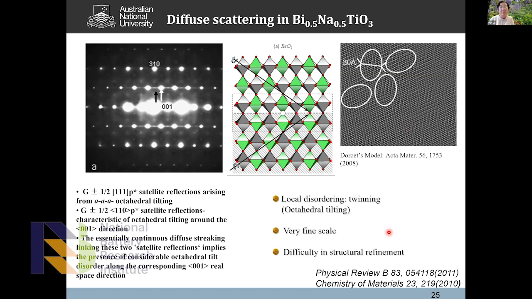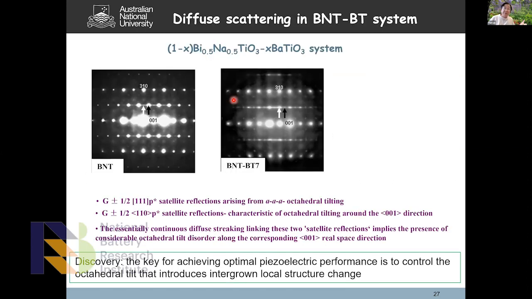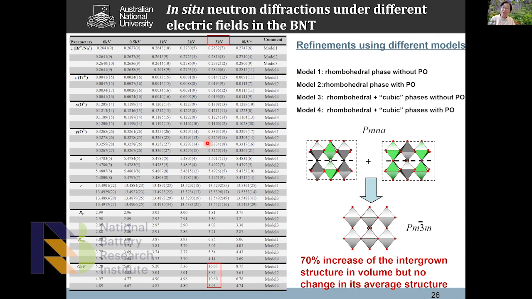Okay. And then, because it's ferroelectric, we wanted to see what happens under an electric field, so we did in situ neutron diffraction at different electric fields. An electric field like 3 kV on the samples is enough to switch them and get all the polarizations aligned. If you don't consider the local structure, you get a very large goodness-of-fit parameter, like 16, which is absolutely unacceptable.